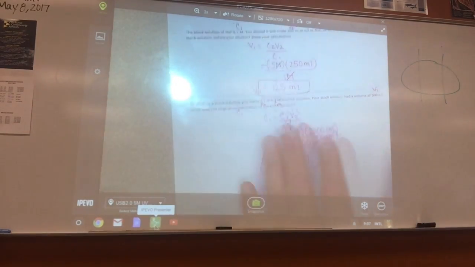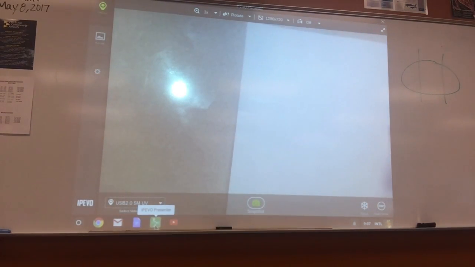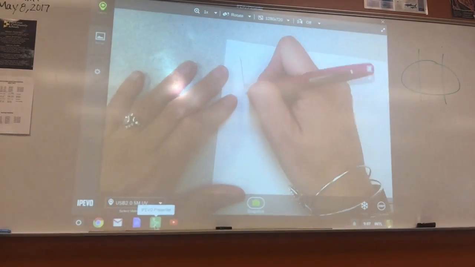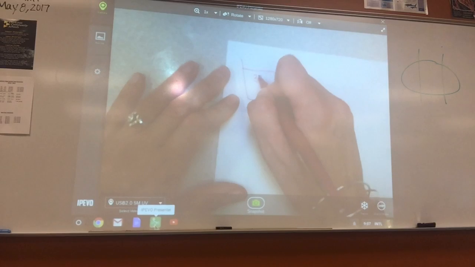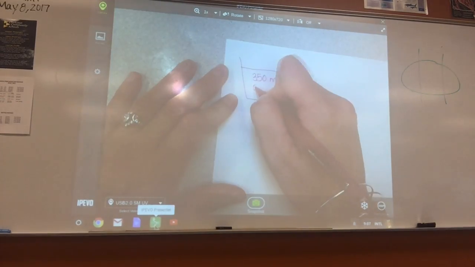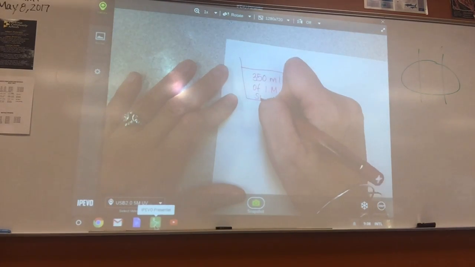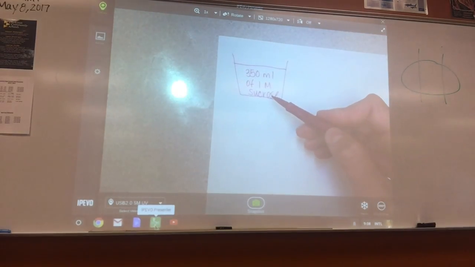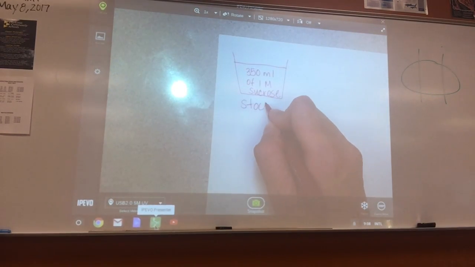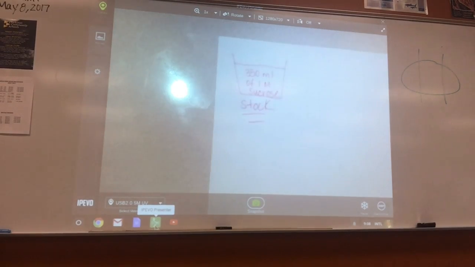Now let's talk about how this relates to our lab. Tomorrow, I'm going to give you 350 milliliters of a 1 molar sucrose solution. This is going to be your stock solution. You are going to use this solution to make the 0.2, 0.4, 0.6, and 0.8 molar solutions.